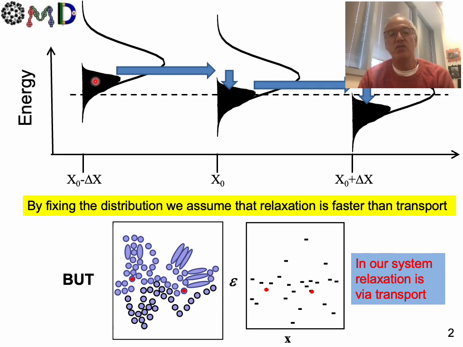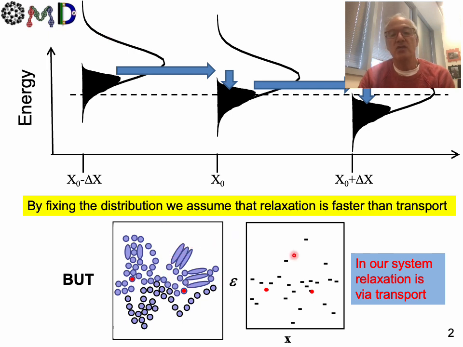And really that means that we assume that charges, when they hop, would first relax before they make the second hop, which seems very intuitive and correct, because we know that the relaxation on a single molecule is extremely fast compared to the time it takes to hop between sites.